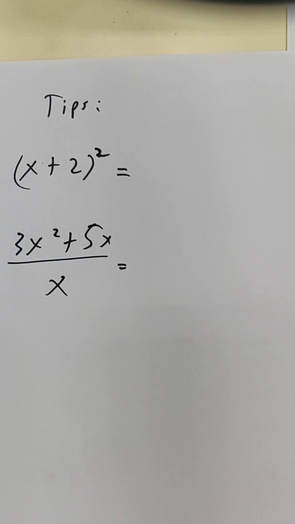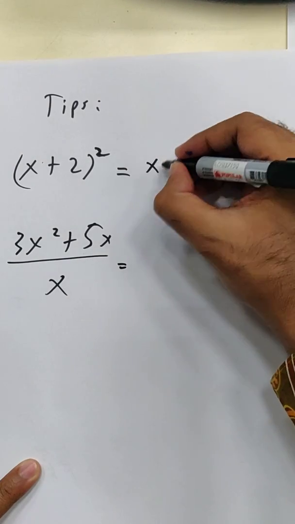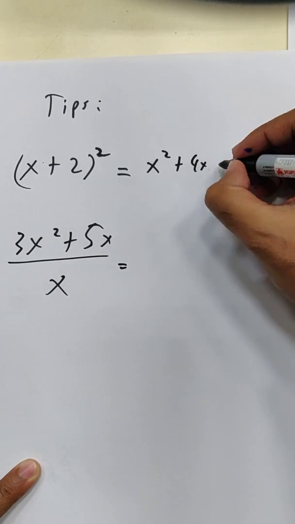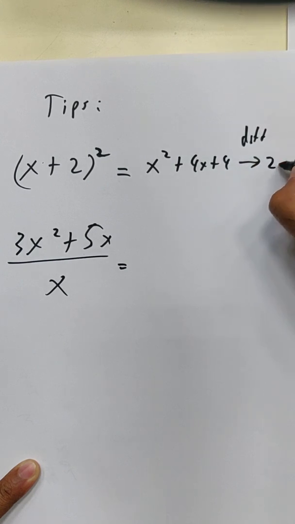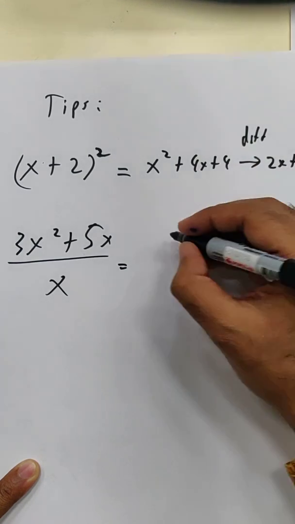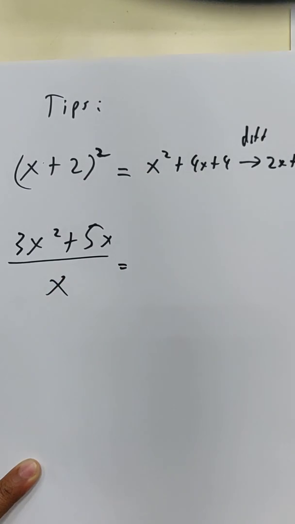If I want you to differentiate, the best advice firstly will be expand first, and then only you differentiate, which makes things a lot easier. 2x plus 4, this one I get. How about this one?